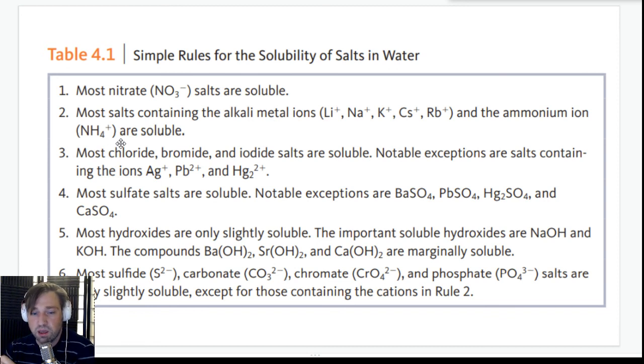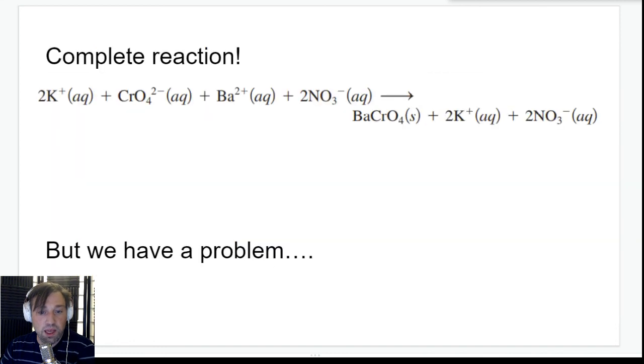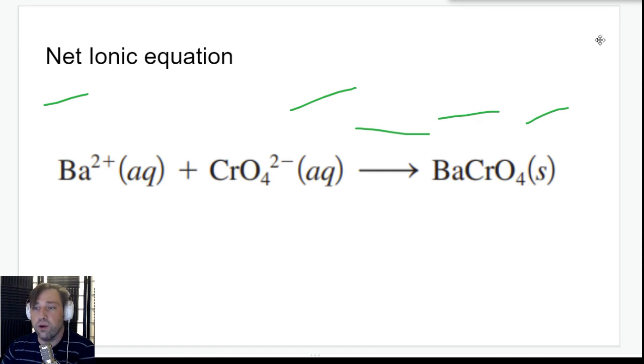It's not going to turn into a solid. If it doesn't have those, that means it's going to be insoluble. It's going to turn into a solid. It's going to be a precipitate. All right. Then you can write out that complete reaction with the solid. Remove anything that is on both sides, and then pare it down to the net ionic equation. That's the process you're going to want to go through.